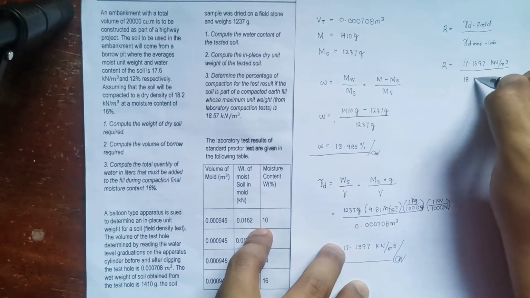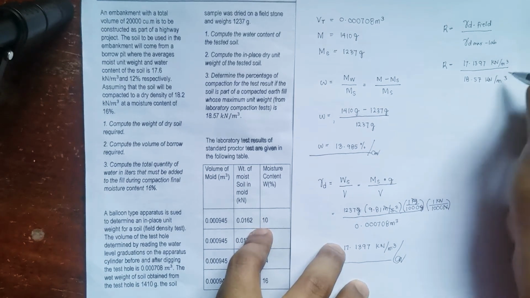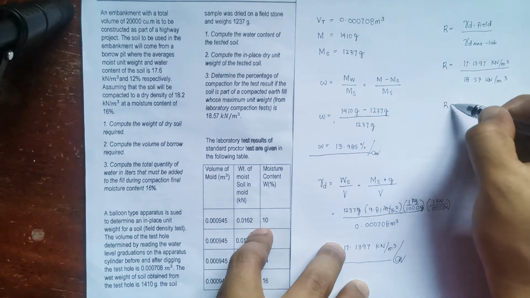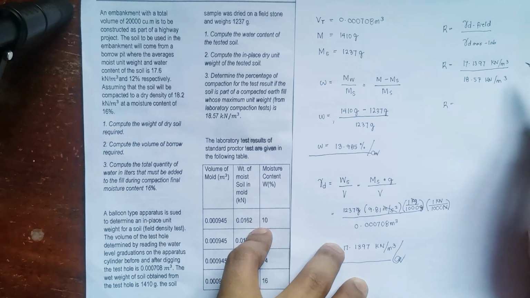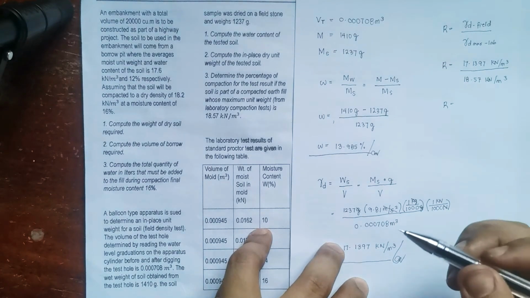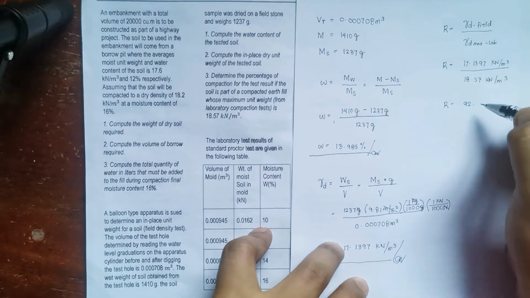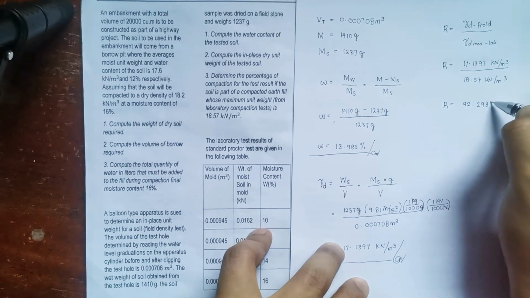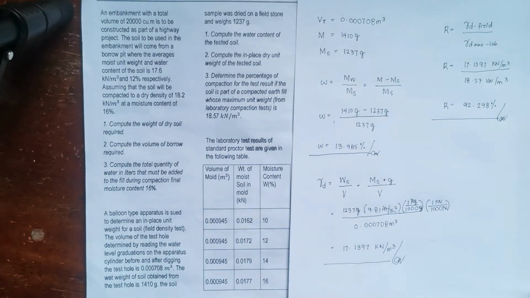That is substituting 18.57 kilonewtons per cubic meter. So dividing, and then you have to multiply it by 100%. And then the relative compaction will be 92.298%. And that will be our third requirement.